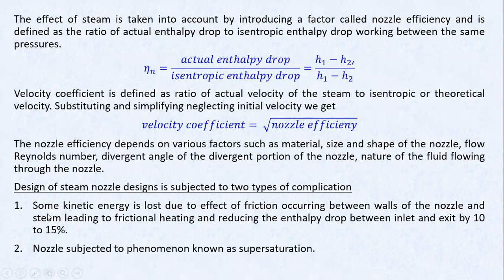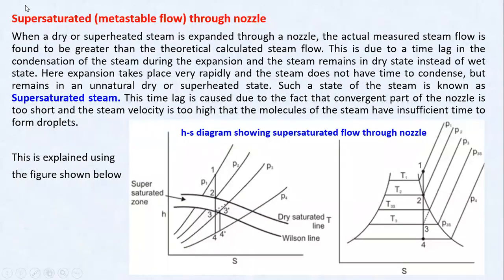One is the loss in kinetic energy due to frictional heating between the walls and the steam, which reduces the enthalpy drop by 10 to 15%. And one more important phenomenon we observe is known as supersaturation, which I'll explain in the next slide. Now, the supersaturated flow, or a metastable flow, through the nozzle.